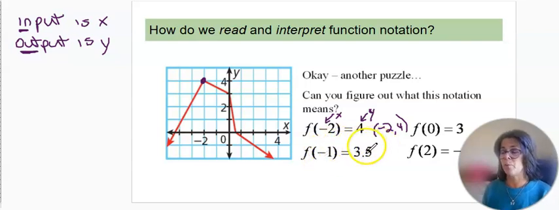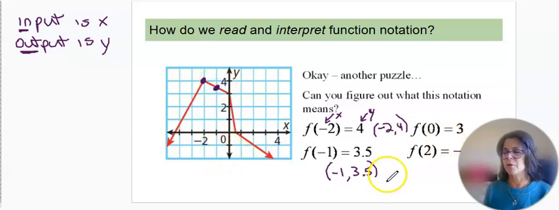And if either one of them was missing, but you had a graph, you could give me the value that is missing. F of -1 equal to 3.5 means when x is -1, y is 3.5.